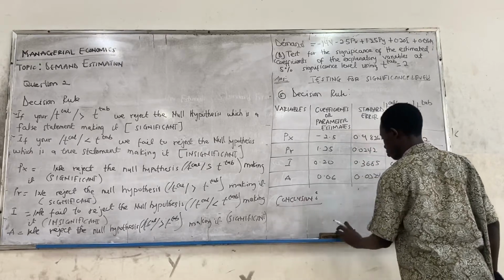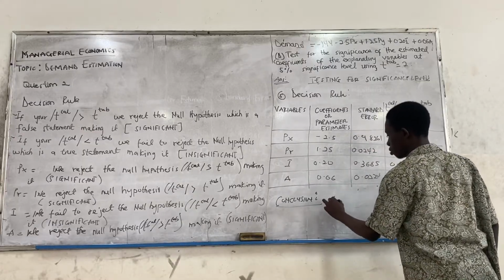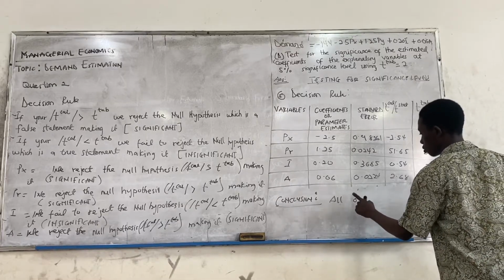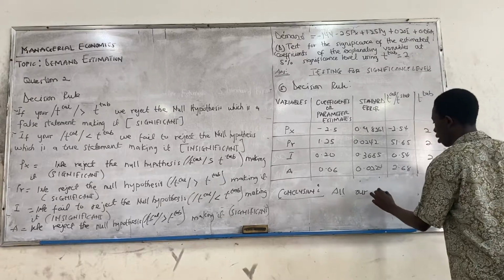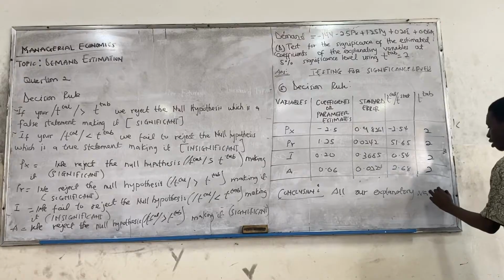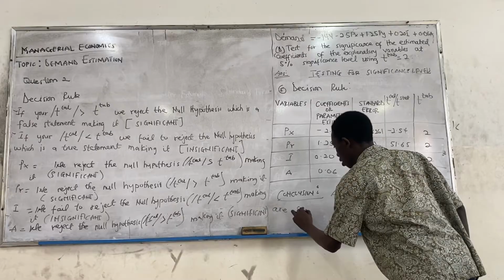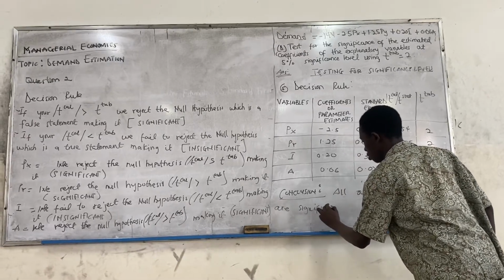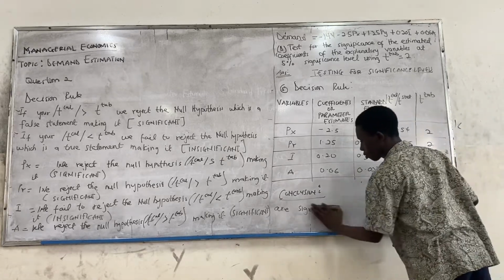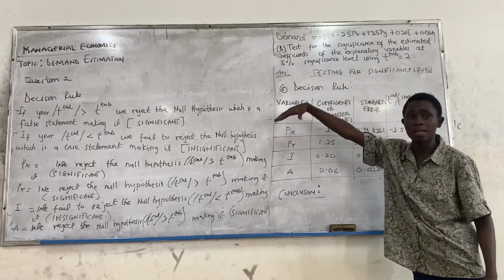So with the conclusion, sorry, let me write the conclusion. The level of significance given in the question was 5%. So 100 minus 5 is 95.